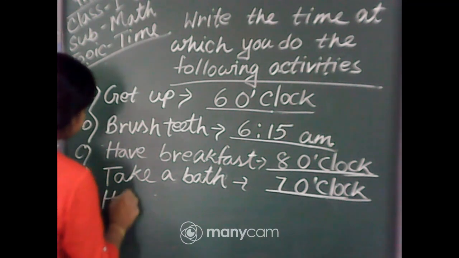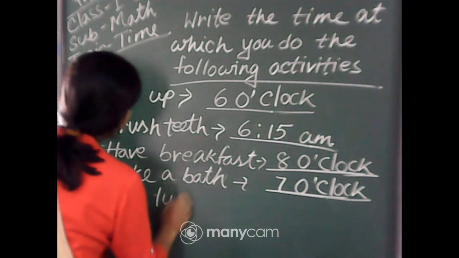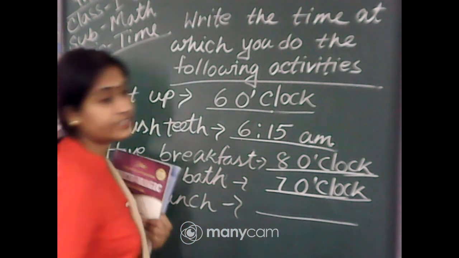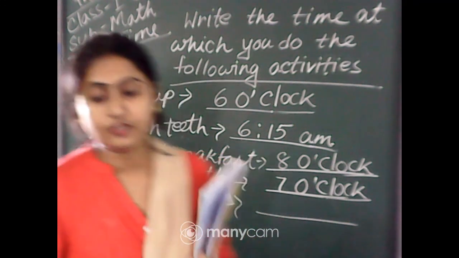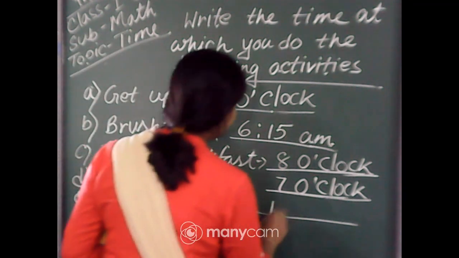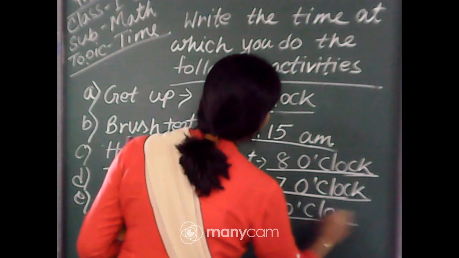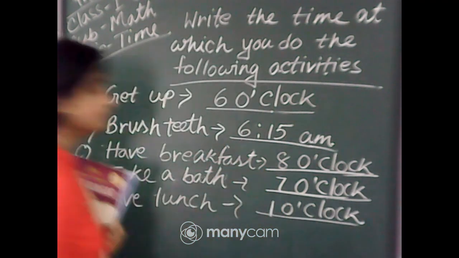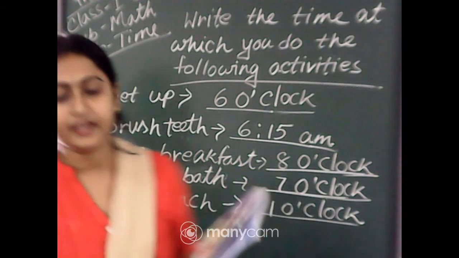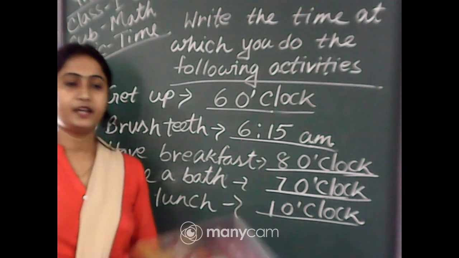When do we take our lunch? 1 o'clock, Ritam, okay, fine. You can write 1 o'clock. Someone takes lunch at 12 o'clock, someone at 12:30. You can write that, no problem at all.